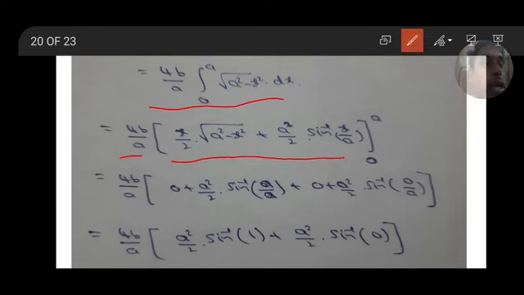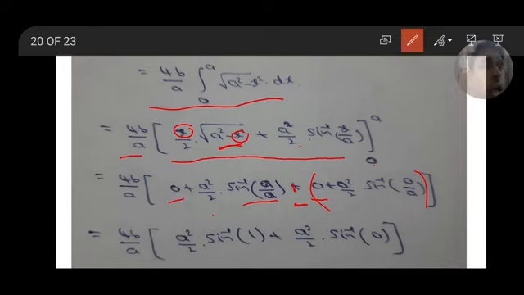So upper limit minus lower limit, 0 to a. Substituting a in x gives a square minus a square, which is 0, and a square by 2 sin inverse a by a. Next, substituting 0, it is 0 into something, so 0, and minus a square by 2 sin inverse of 0 by a.